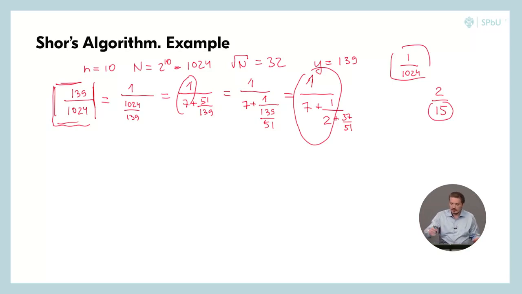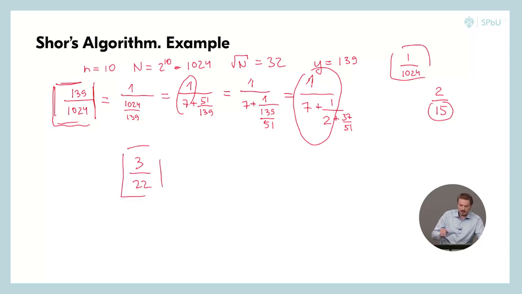If it's still not close enough, we continue this continued fraction. The next value we get is 3 divided by 22, which I think meets our conditions.